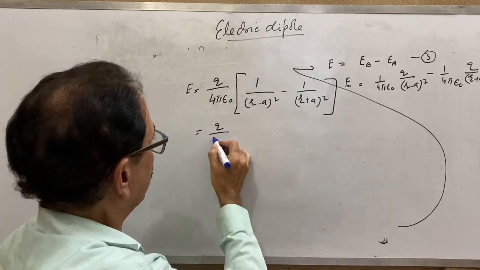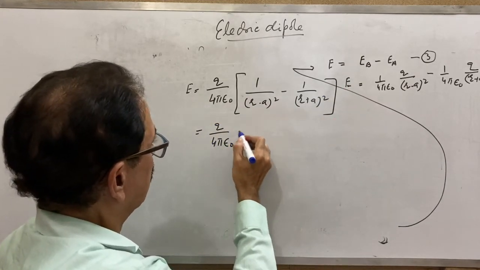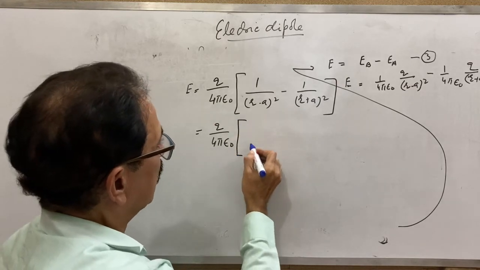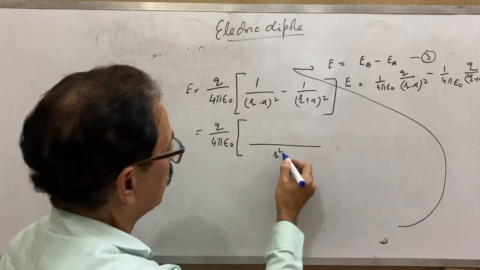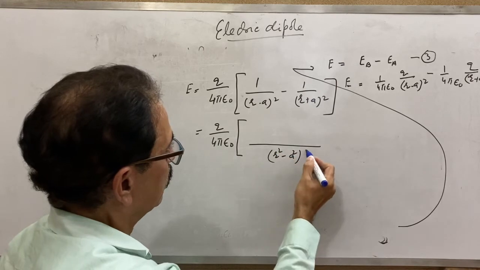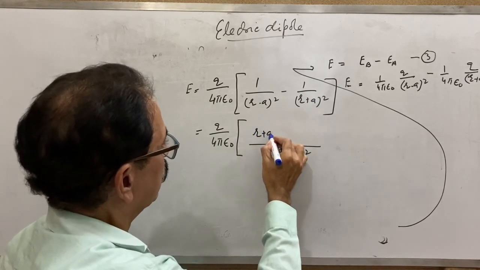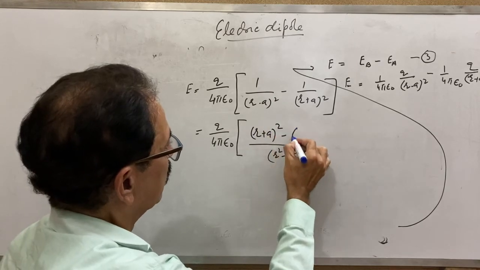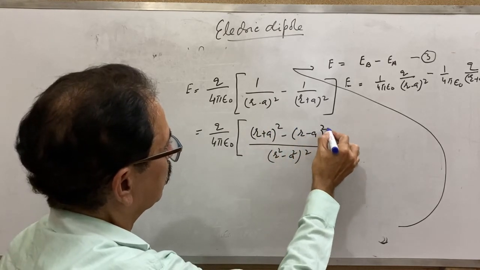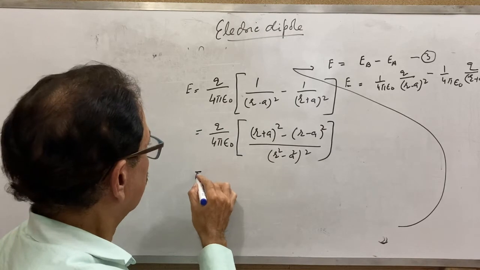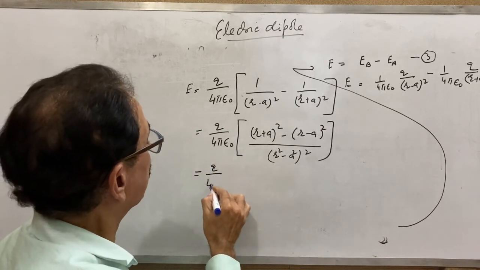Q upon 4 pi epsilon naught. The LCM of these two will come out as r square minus a square whole square. So it will be r plus a whole square minus r minus a whole square. Or we can write Q upon 4 pi epsilon naught.